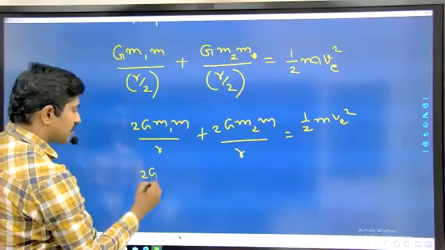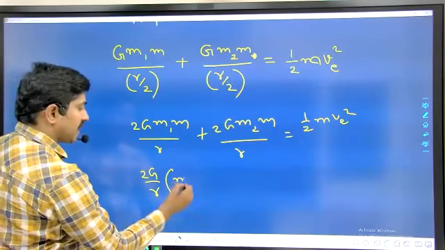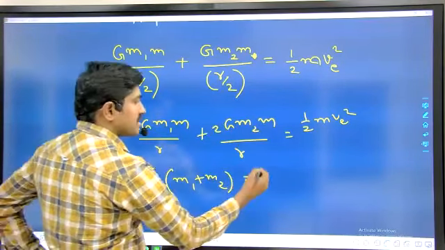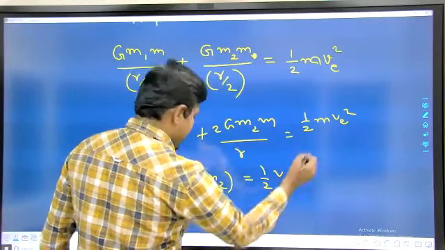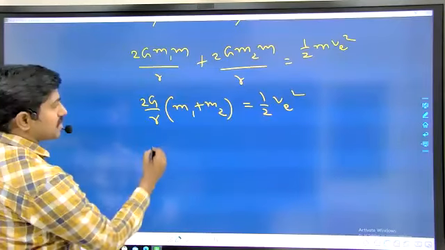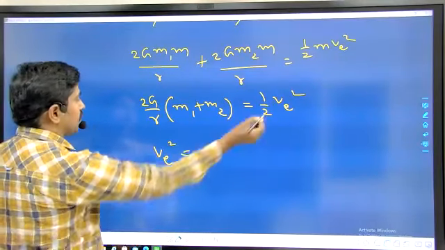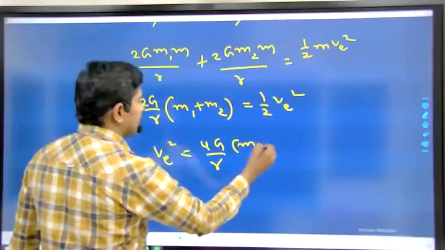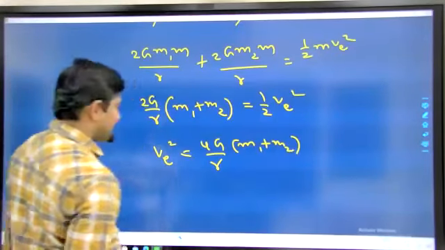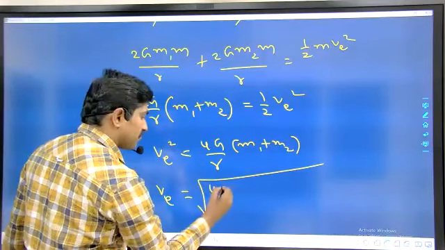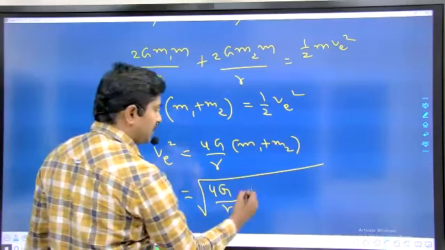I can take 2G by r common here, then it will be m1 plus m2. This is equal to half into escape velocity square. And to calculate the escape velocity, ve square is equal to 4G by r into m1 plus m2. And finally, ve is equal to square root of 4G by r into m1 plus m2.